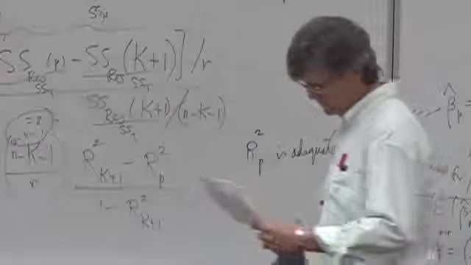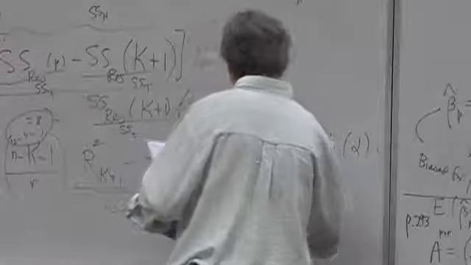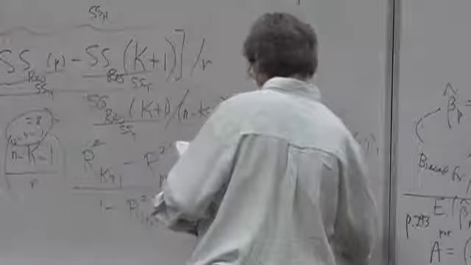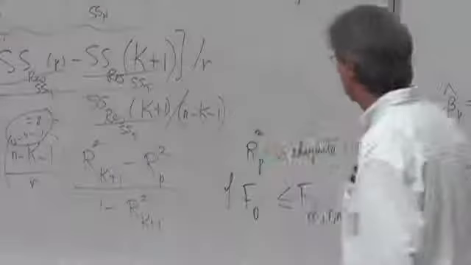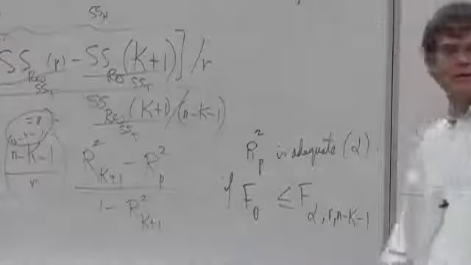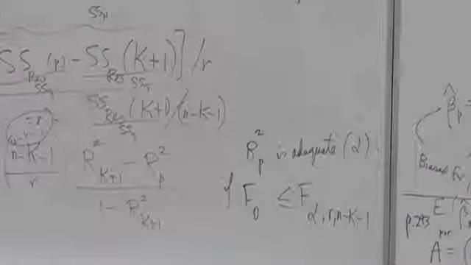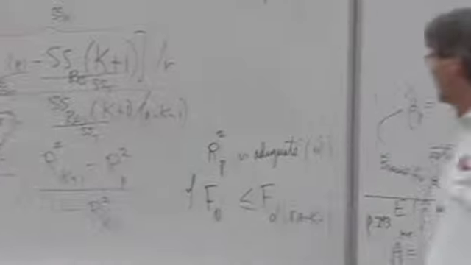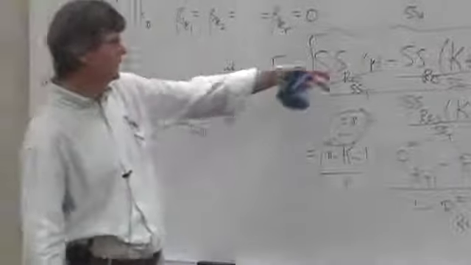If F naught is less than or equal to F alpha, R, n minus k minus 1, in other words, if I fail to reject this hypothesis, then R squared P is adequate. My subset model is adequate. So if this is true, in other words, this F naught is not too big, my SSH is not too big.